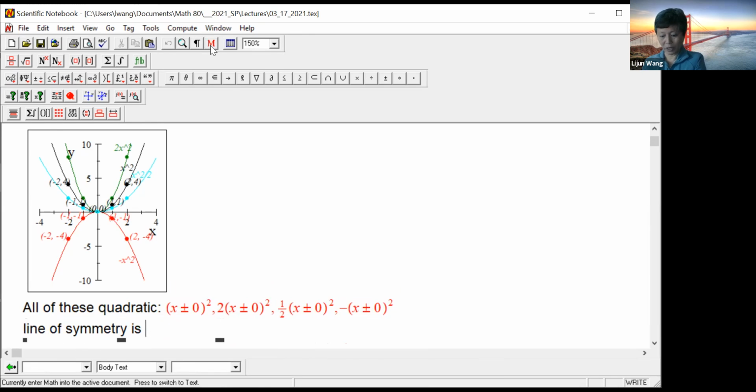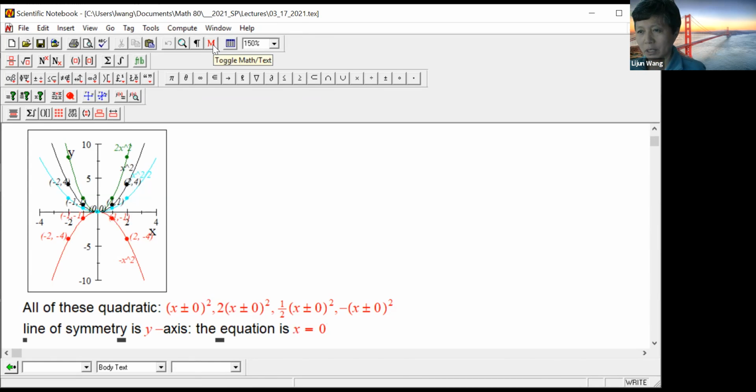But what is the equation of that y-axis? The equation is x equals 0.